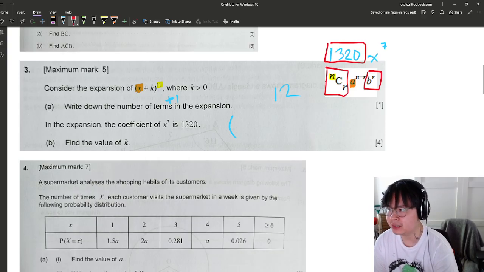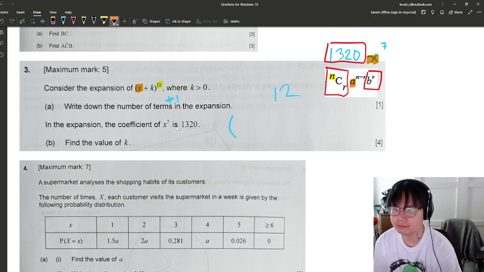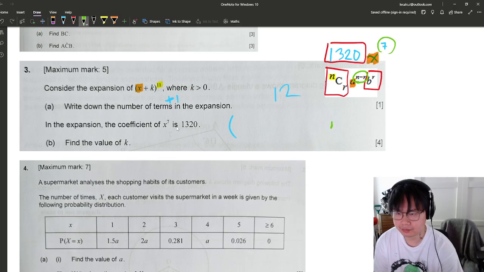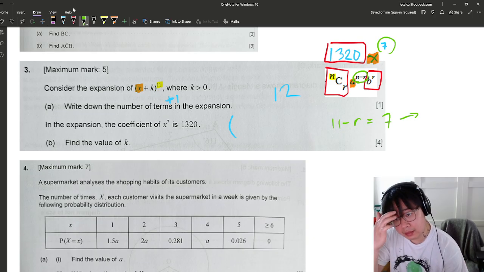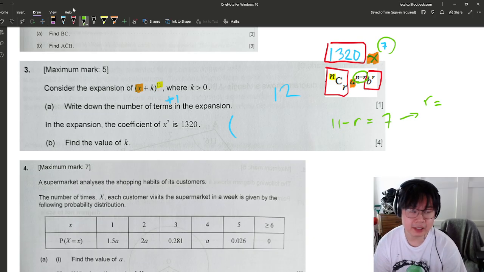And then what we do is we also know that our exponent for x is 7. So n minus r is 7. Which means that, well, oops, n is 11. So this means that r is 4.